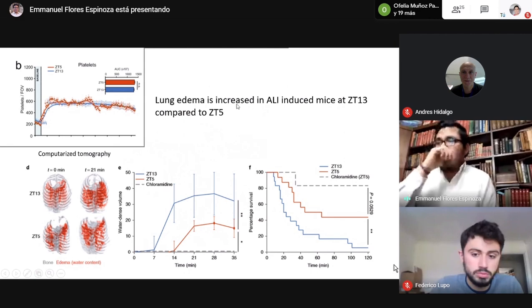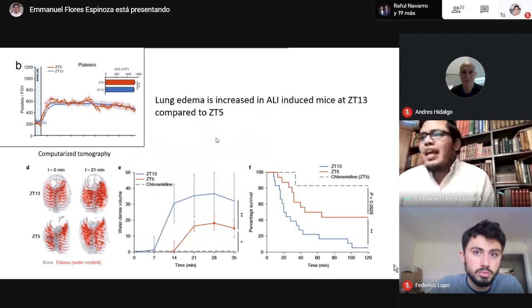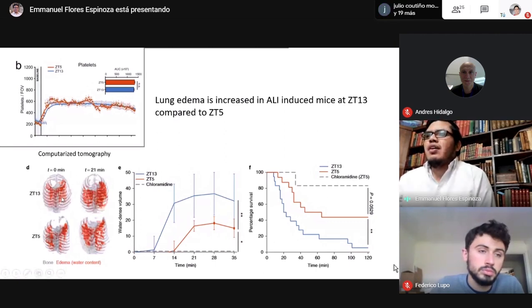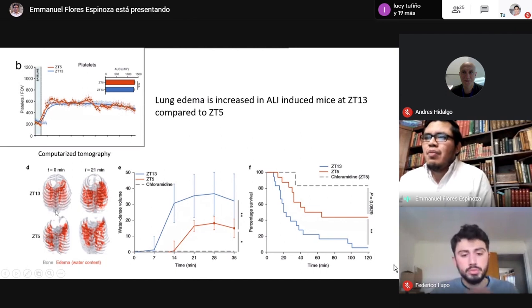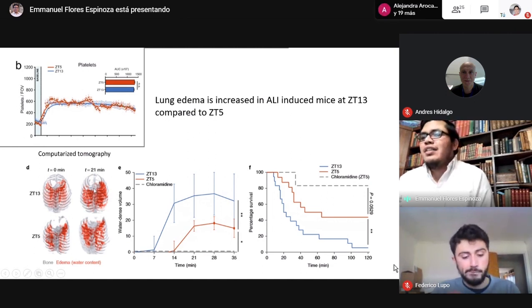And then they also evaluated the edema formation in the lung tissue when they induced ALI, by computerized tomography, and we can see here the signal of water infiltration or water content in the lungs at baseline, and also at 21 minutes after ALI induction, and we can see that there is clearly more water content in the lungs when ALI is performed at night than when it is performed in the day.